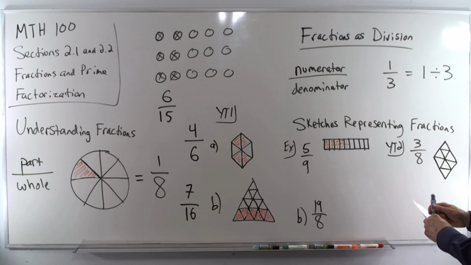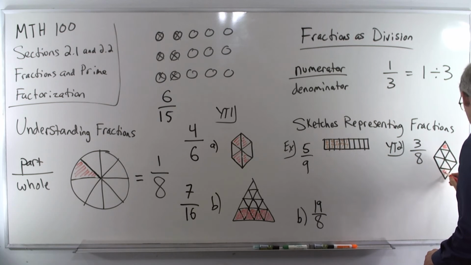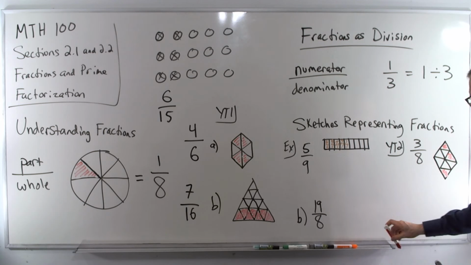There's 8 triangles, and we are going to highlight 3 of them. And they can be anywhere. 3/8.